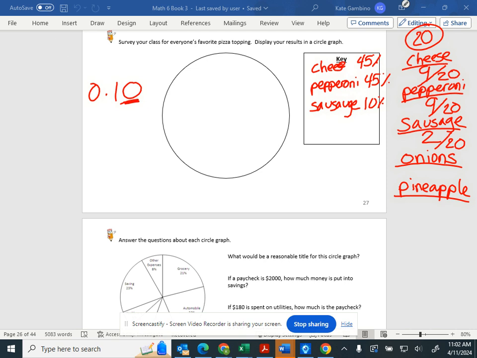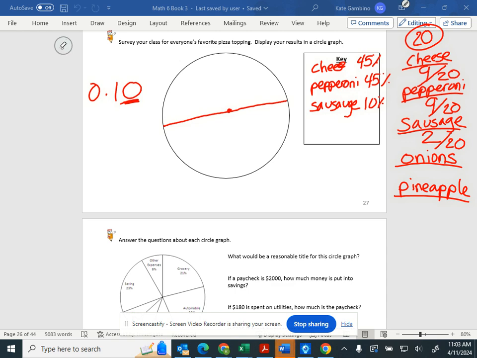So, if I were to go straight across my circle, what percent would that be? 50%. We're not talking degrees, we're talking percentages. 50% and 50%, half and half.